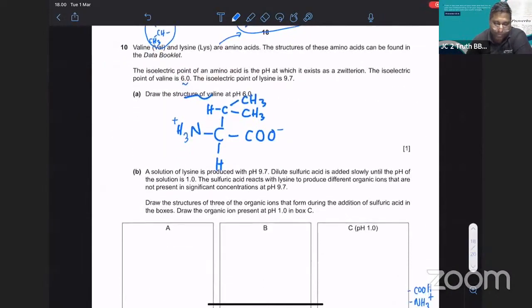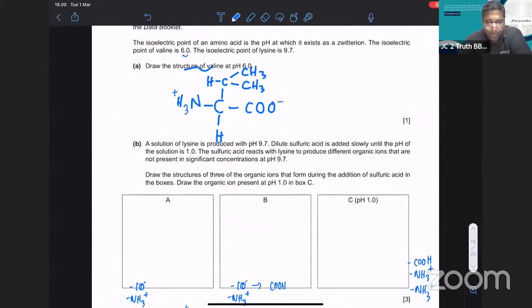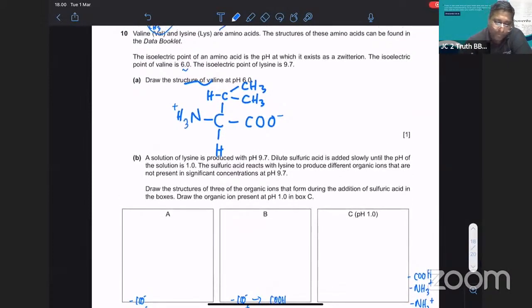So let's look at a solution of lysine. The solution of lysine is produced with pH 9.7, so it's still at the isoelectric point. Dilute sulfuric acid is added slowly until the pH is 1.